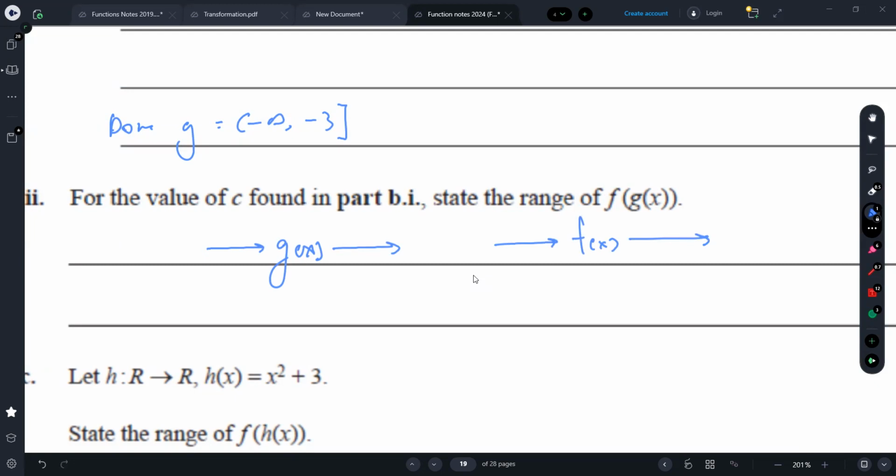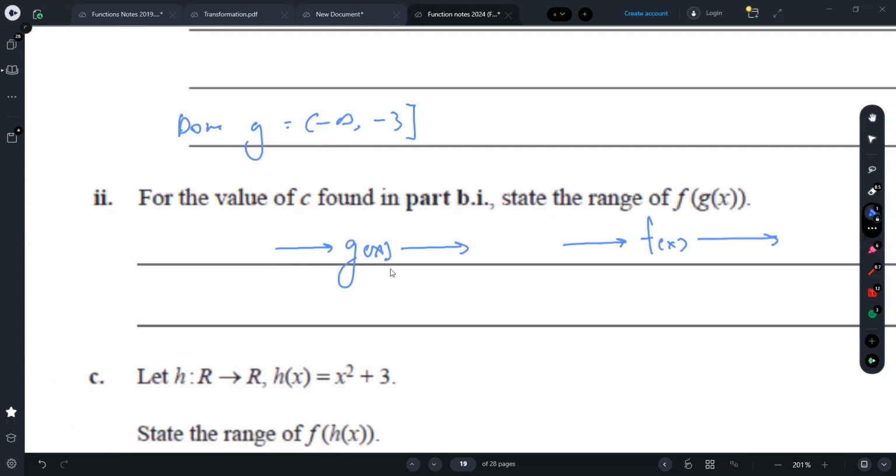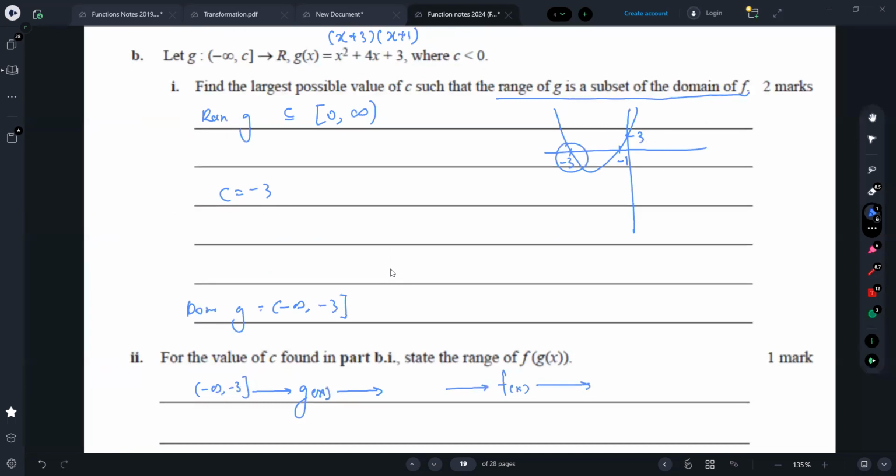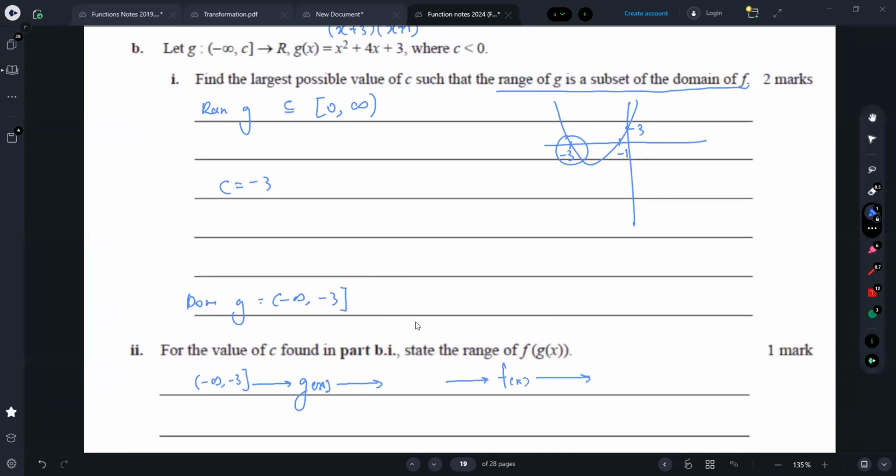So we agree that whatever goes into g(x) is a domain, which is just this thing. And we know it's going to work, right? Because it's not going to produce any numbers that we can't put into the second equation. So if I put -infinity to -3 in as the x values into g(x), what's going to come out? In other words, the range.